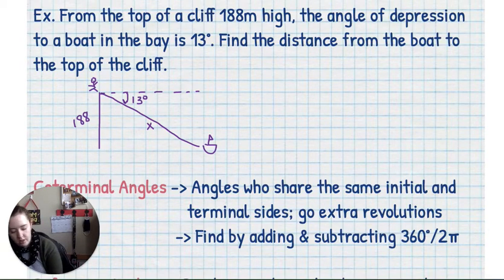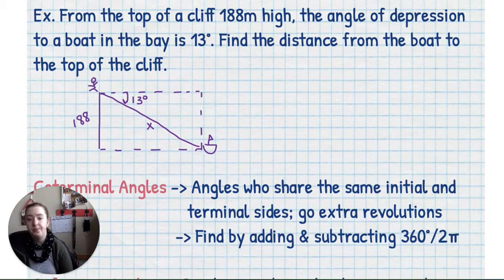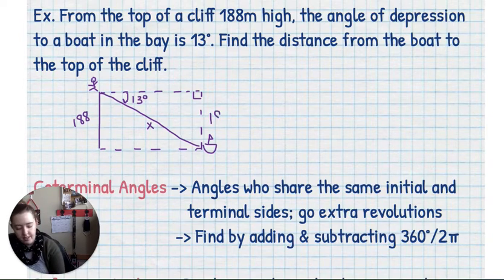Okay. So here's what I tend to do. I go ahead and turn the picture that I just made into a rectangle. I know that in a rectangle, I have right angles. And I also know that opposite sides are congruent.